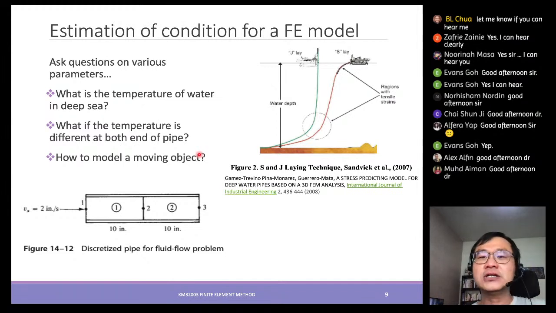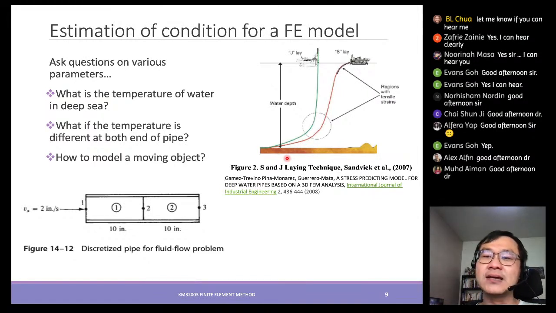For example, here you may see the applications of deep sea drilling. So you have two pipes, they will bend over here. Let's say this is moving, so the pipe will move as well, right? At a certain depth, you may want to model the fluid flow at different conditions. In this problem, it may depend on the temperature, right?